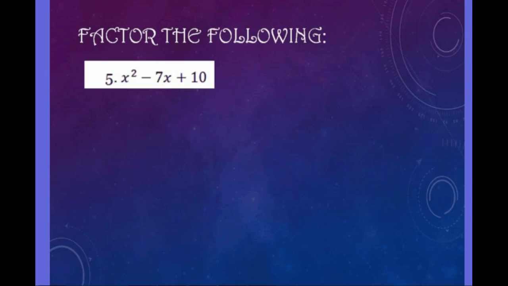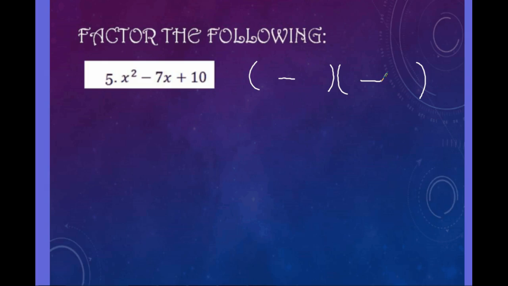So this problem is now ax squared minus bx plus c. If you have a positive c, your factors have to be the same sign. So they're either both positive or both negative.